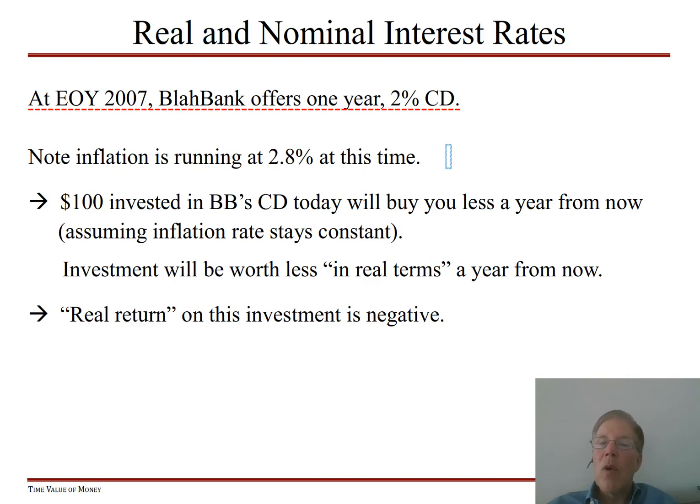So I would say whoever is in charge of marketing at Blah Bank should be fired, because they probably don't want to pitch their horrible product in that way. But that is the truth, the whole truth, and nothing but the truth, right?